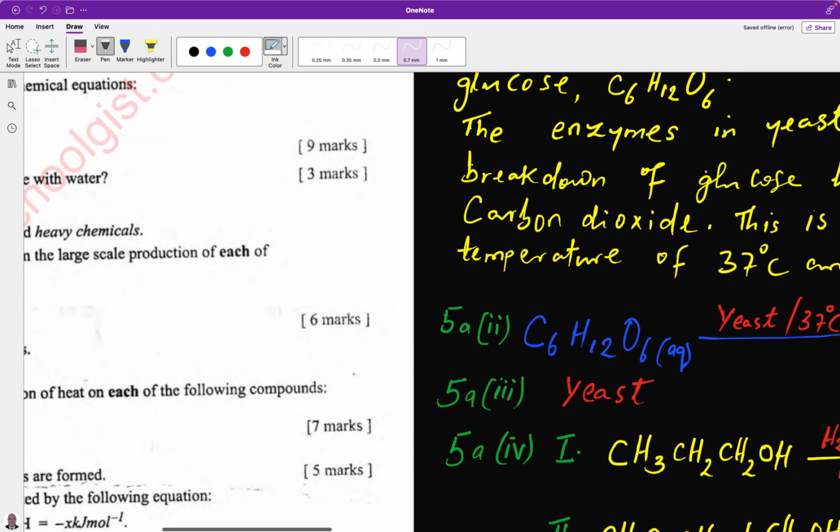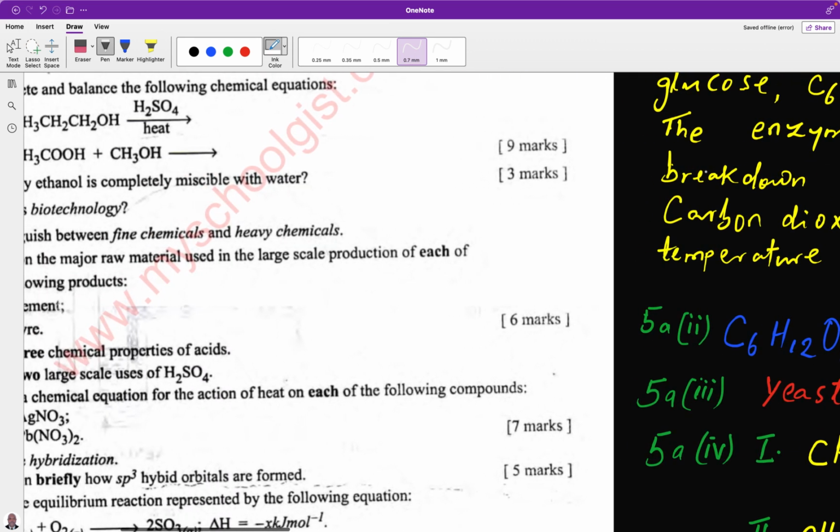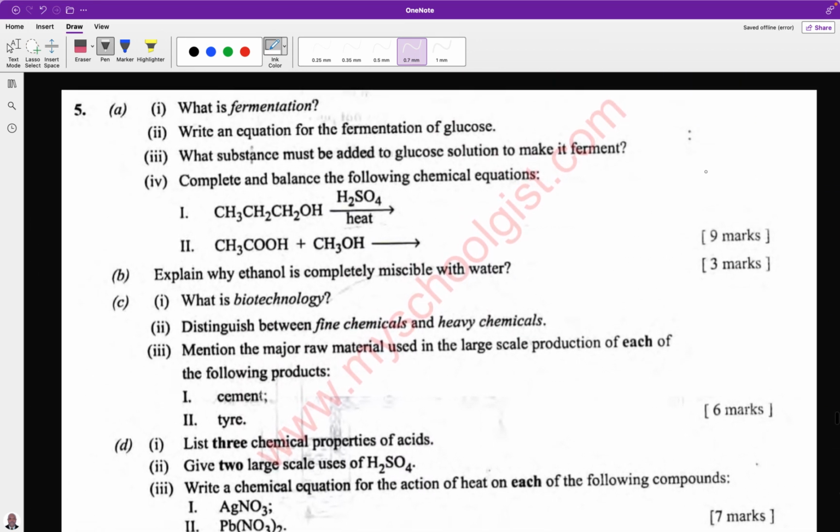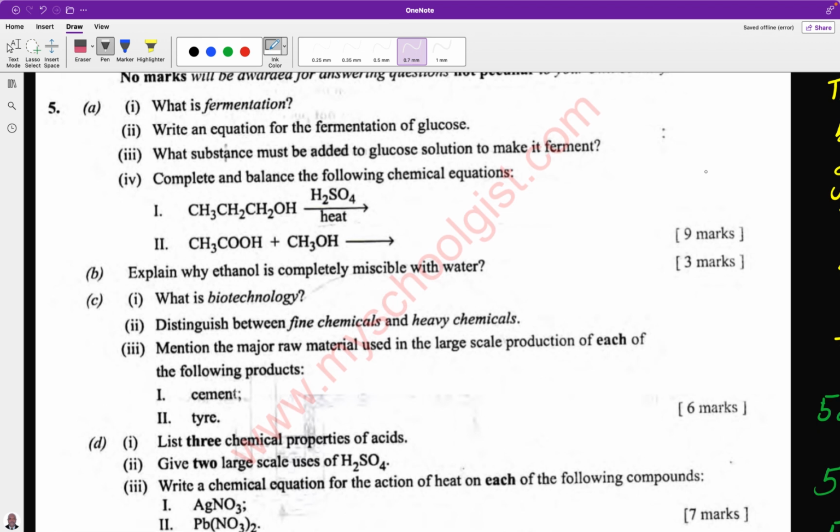5A4: complete and balance the following chemical equations. You have propan-1-ol.